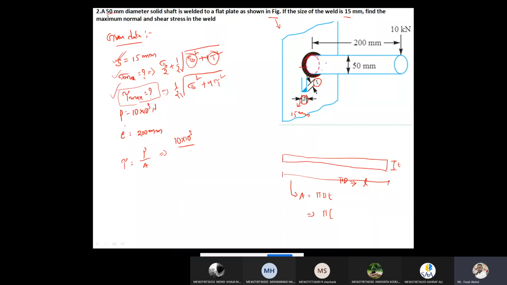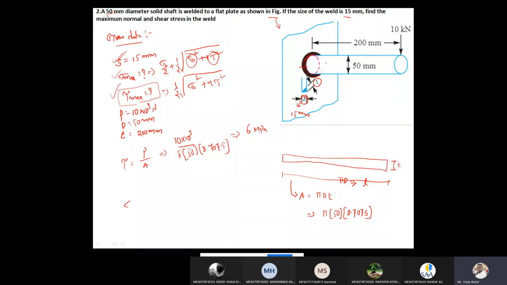So here write the d value 50, into throat thickness, how much? 0.707 into s. Okay, write the A value here: pi into 50 into 0.707 into s. Okay, now what is the primary shear stress value? Primary shear stress value is 6 megapascal.